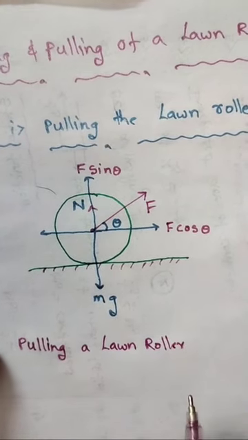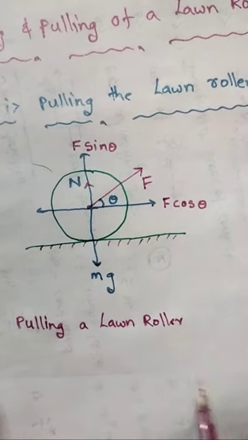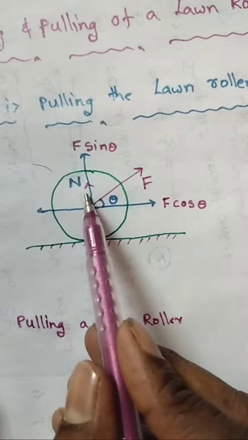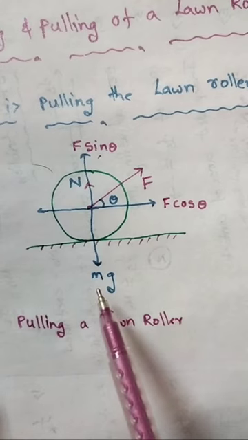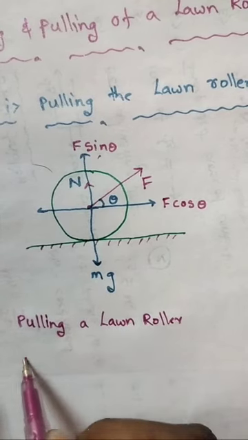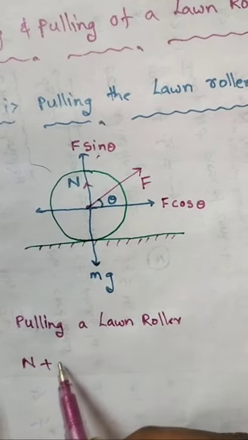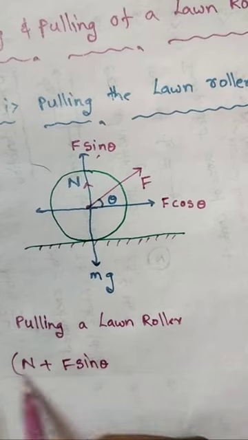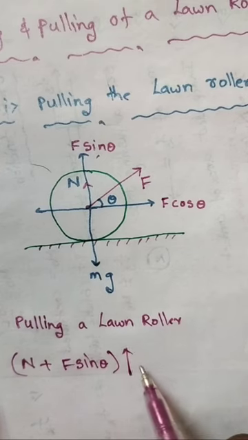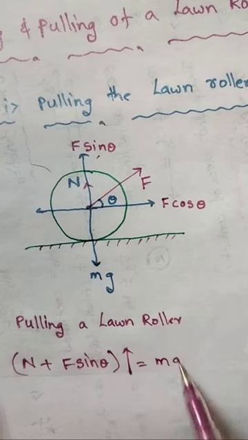What is your observation? Capital N upward, F sin theta upward, and mg downward.